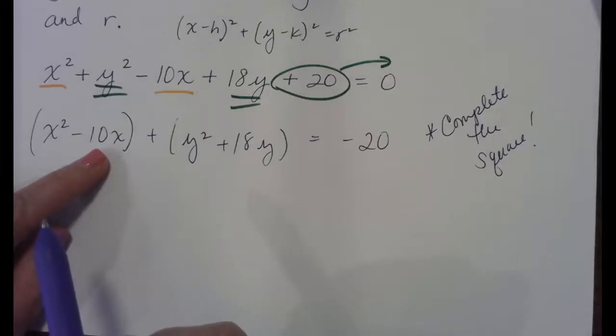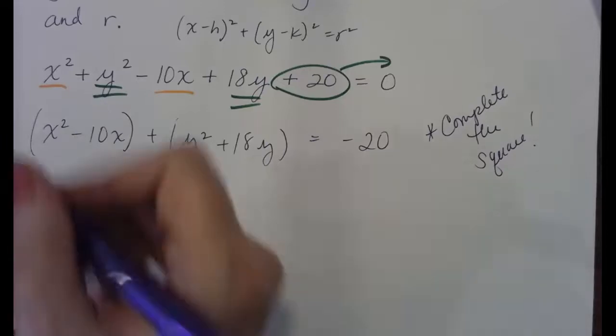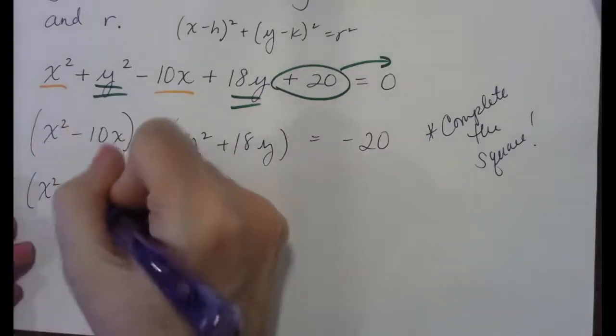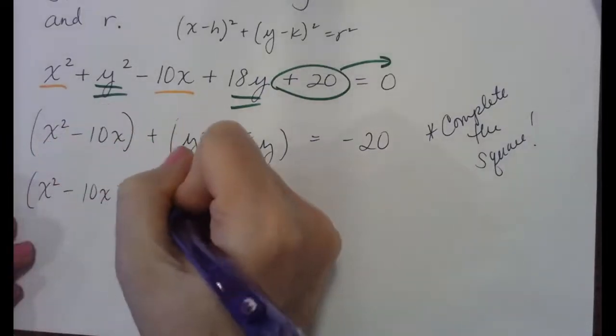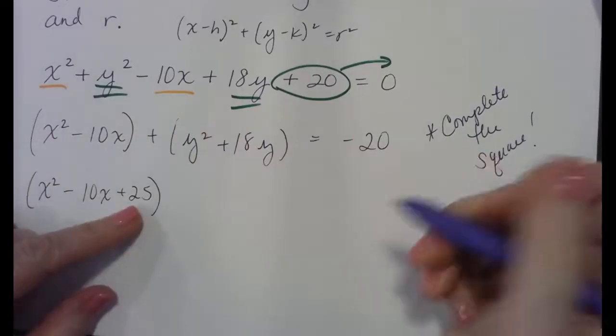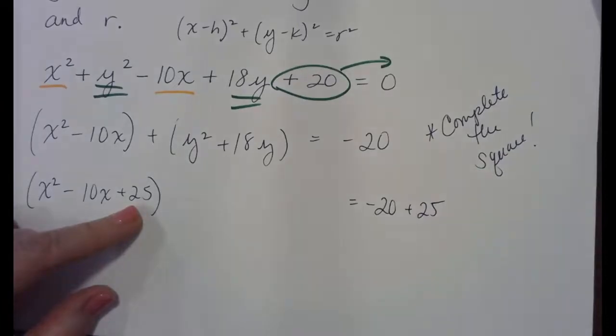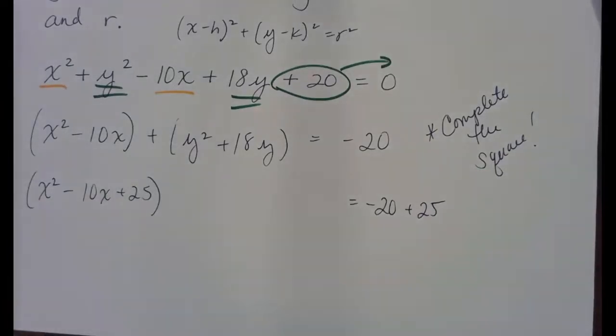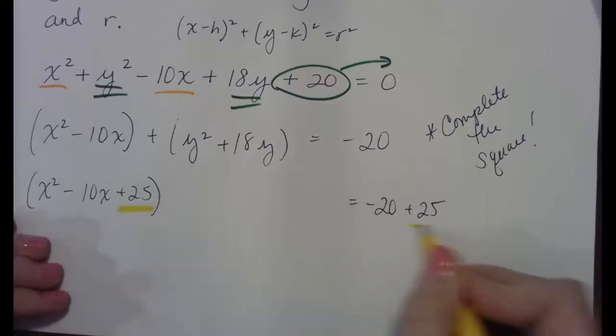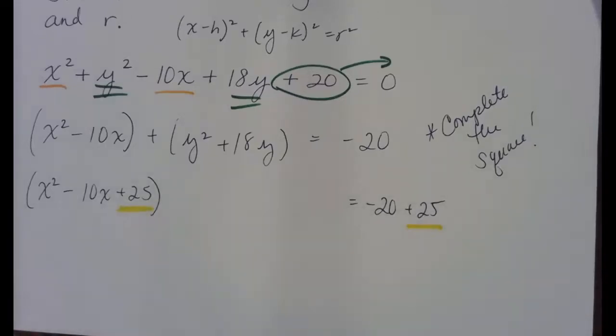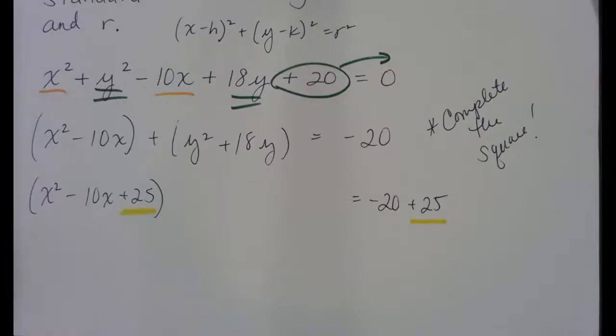We take half of it and then square it. So half of 10 is 5, and 5 squared is 25. So we are adding 25 on the left, which means we will also add 25 on the right, because our equation must stay balanced. It has to stay balanced in order to maintain its equality.